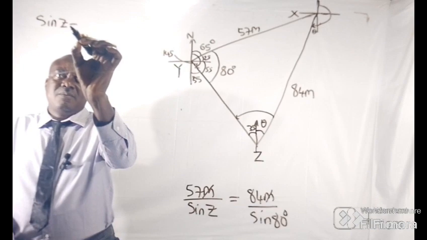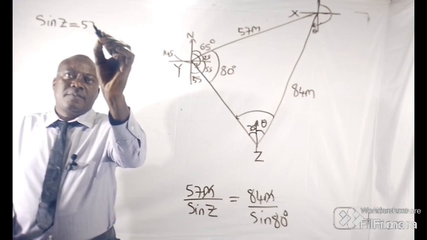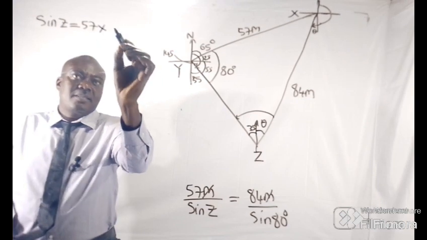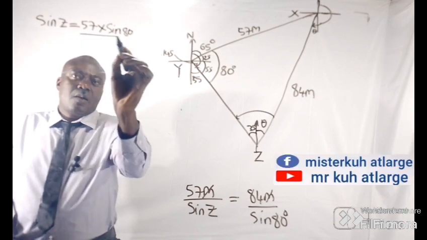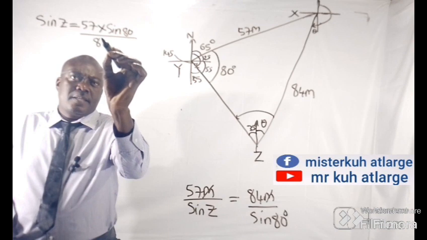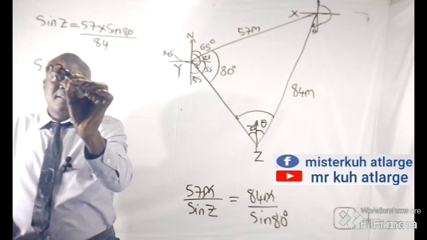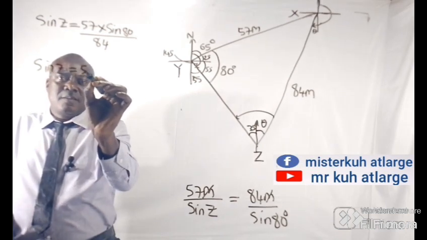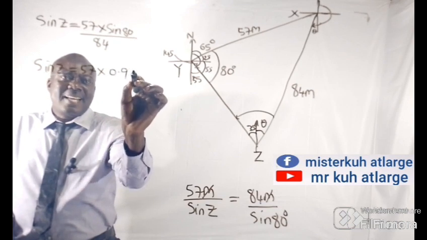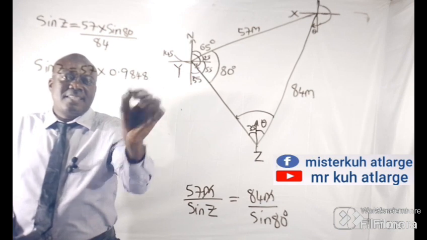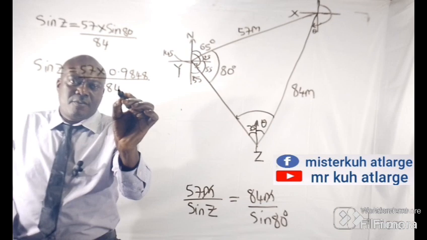Sin z will now be equal to 57 times sin 80 all over 84. So sin z will be equal to 57 times 0.9848 over 84.